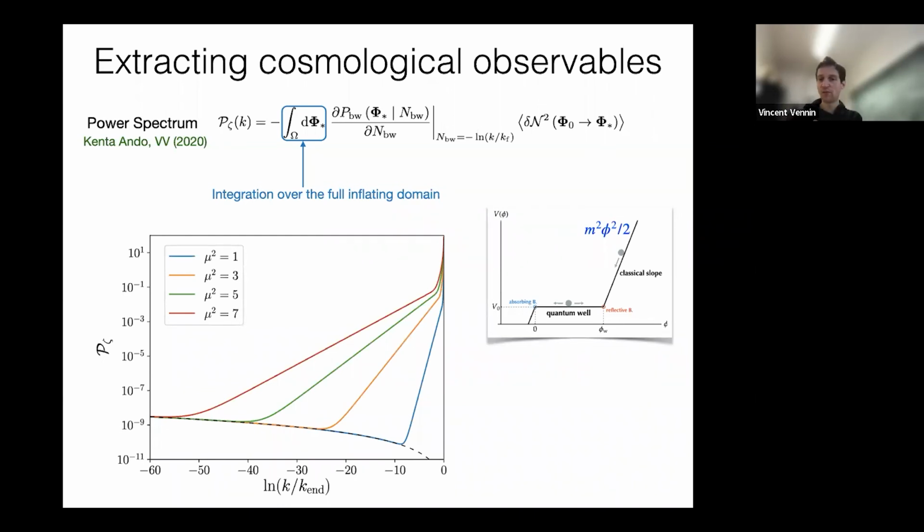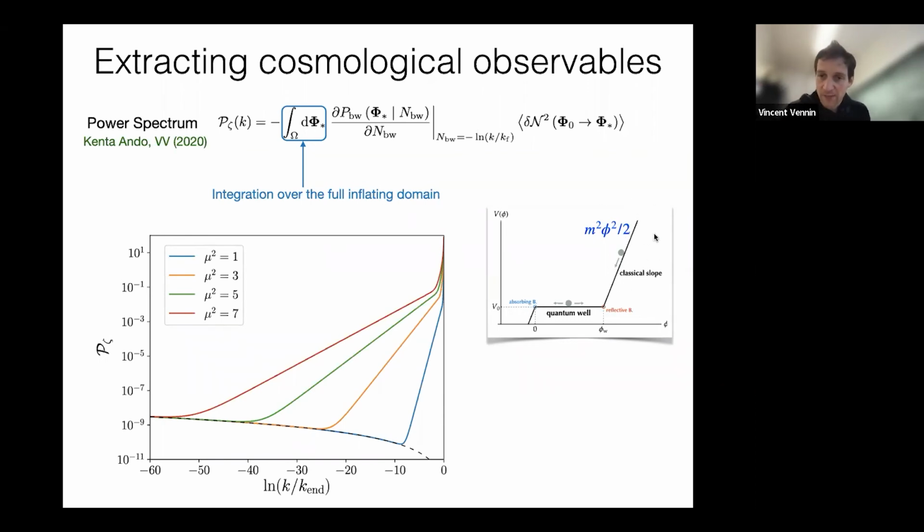So let me just show, of course, a slightly extreme example, but just an example to make my point more clear. So here I consider a model where you have a phase of classical inflation. So here it's just a straight line, but it's a schematic plot. Okay, so I assume that this first classical region is just m squared phi squared for simplicity.